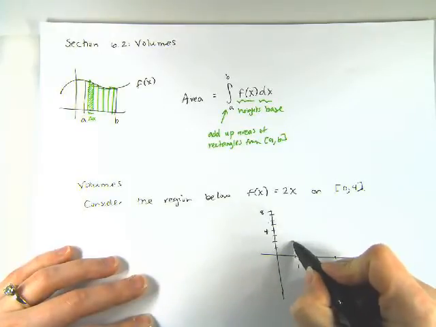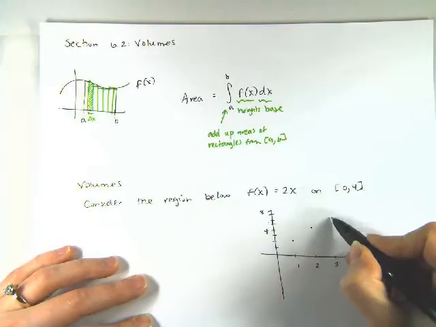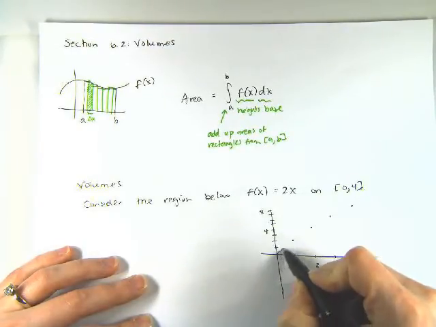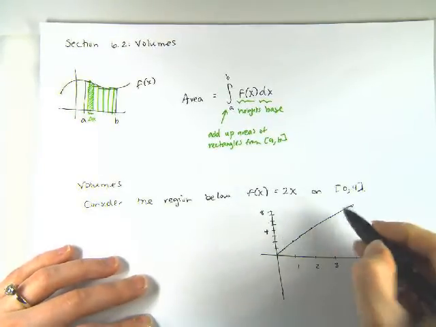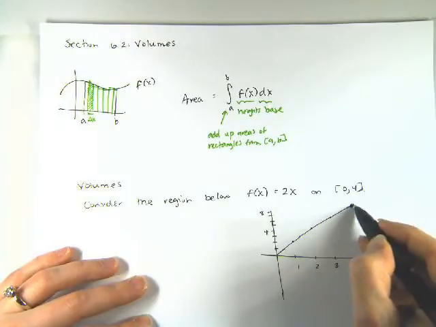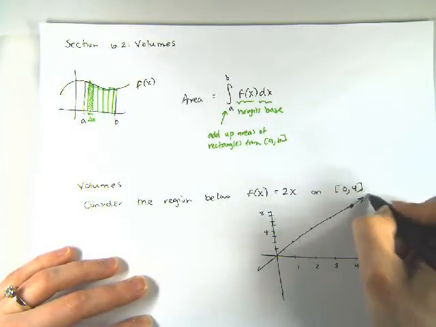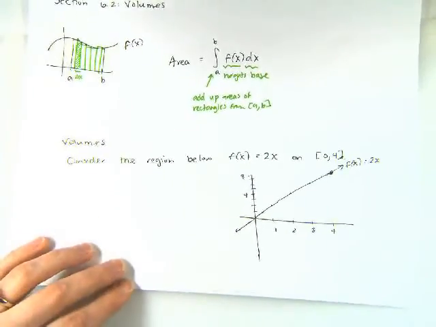So at 1 we'd have 2, at 2 we'd have 4, 3 we'd have 6, 4 we'd have 8. Should be a line. Again, make the points larger if you don't quite make it through. Yes. Okay, so this is the function 2x.